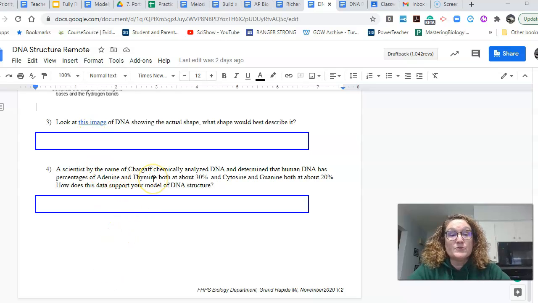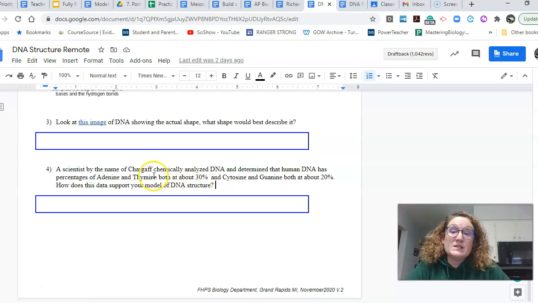This idea of Chargaff will also be addressed in the POGIL that you're going to do. As you take a look at this, you're going to see that what Chargaff did is he analyzed the amount of A, T, G, and C. And what he found is that in human DNA, there's about 30% that's A and T, and about 20% of each G and C. So using that, think about how the structure of the model is supported by this data.